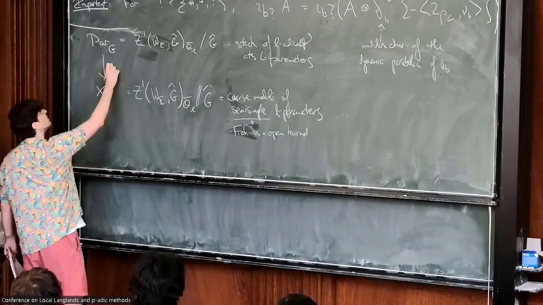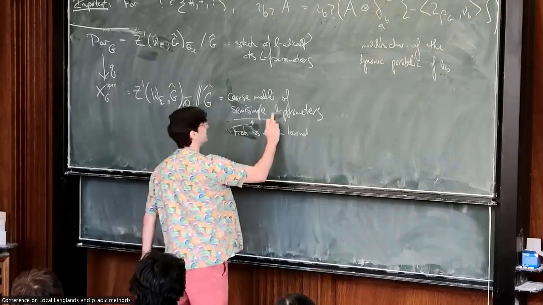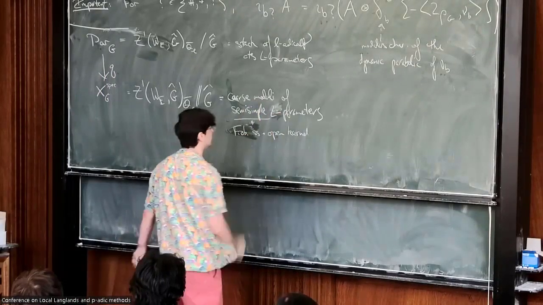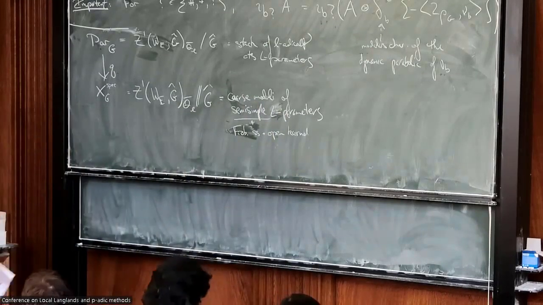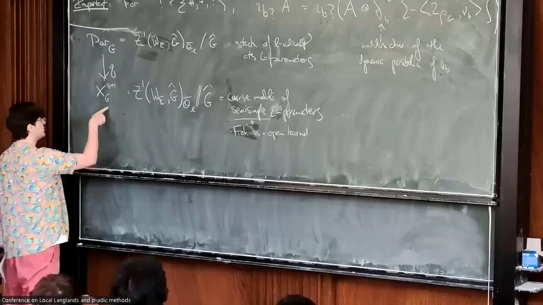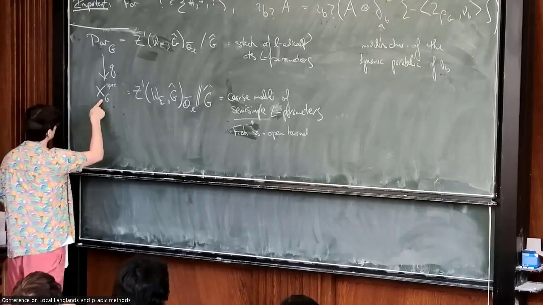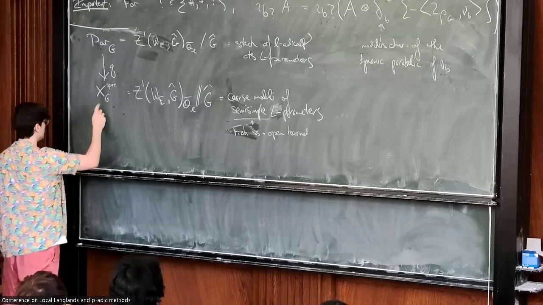Yes, let me write Q for this map. And so if you have a semi-simple L parameter, it gives you a closed point of this. This is just an algebraic variety whose geometry is very well understood.